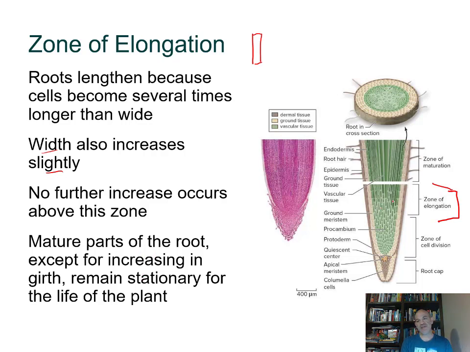And once the cells finish elongating somewhere around this region, that part of the root is going to stay stuck at that level underground. It's not going to move up or down. That's where it stays for the rest of the plant's life. The only thing that's going to be moving is that tip continuing to move through the soil further.